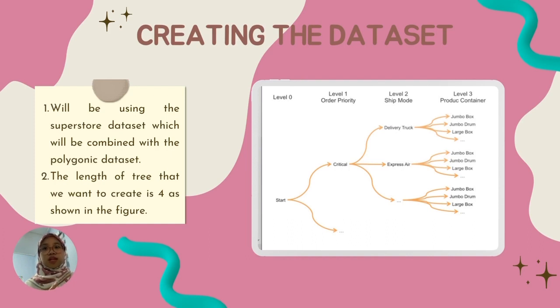First thing first, we can sketch the decision tree that we want to create. As shown in the figure, we have 3 levels. The first one is the order priority. The second one is the ship mode, and the last one is the product container.